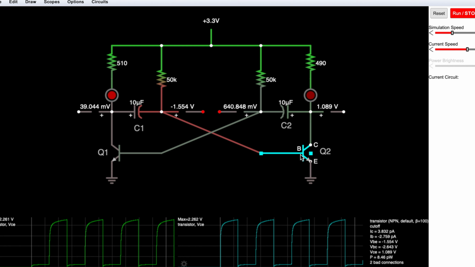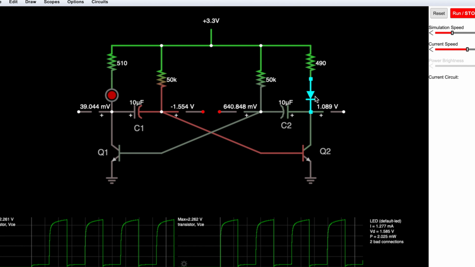And because now Q2 is switched off, the voltage at the collector of Q2 is rising. It's now 1.089 volts. Of course, this all started off because the left side of C2 charged to 640 millivolts, right? So now Q1 is conducting, and Q2 is off.